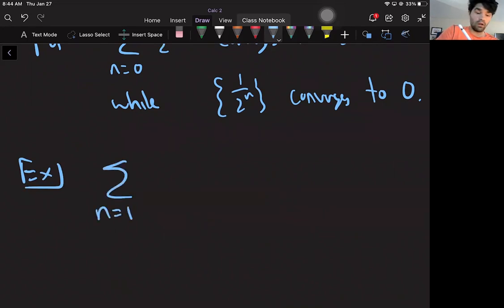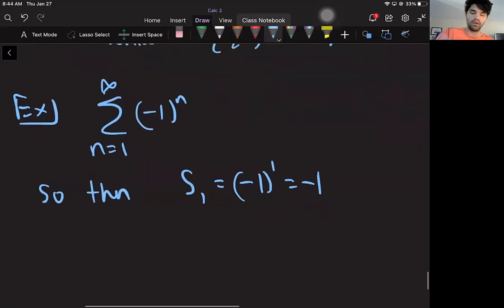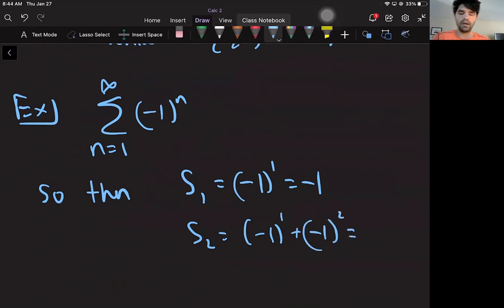So this one will also diverge. It's a bit weird. So let's look at the partial sum. So what's S1? S1 would just be -1 to the 1, which is -1. S2 would be -1 to the 1, aka the previous term, plus -1 squared.